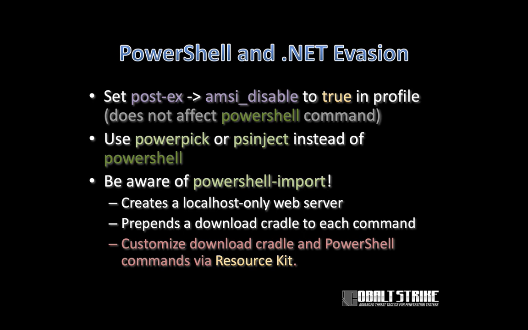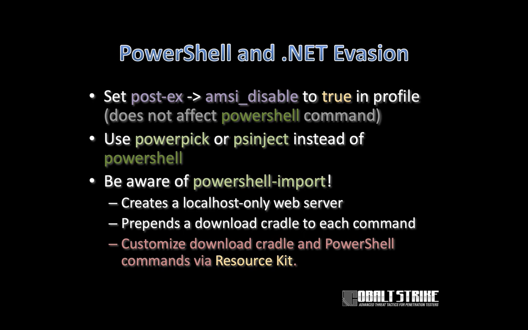How does that work? Well, when you run a PowerShell script, Cobalt Strike will stand up a localhost-only web server that hosts your PowerShell script that you imported. It will then prepend something called a download cradle to each command you run with PowerPick, PSInject, or PowerShell.